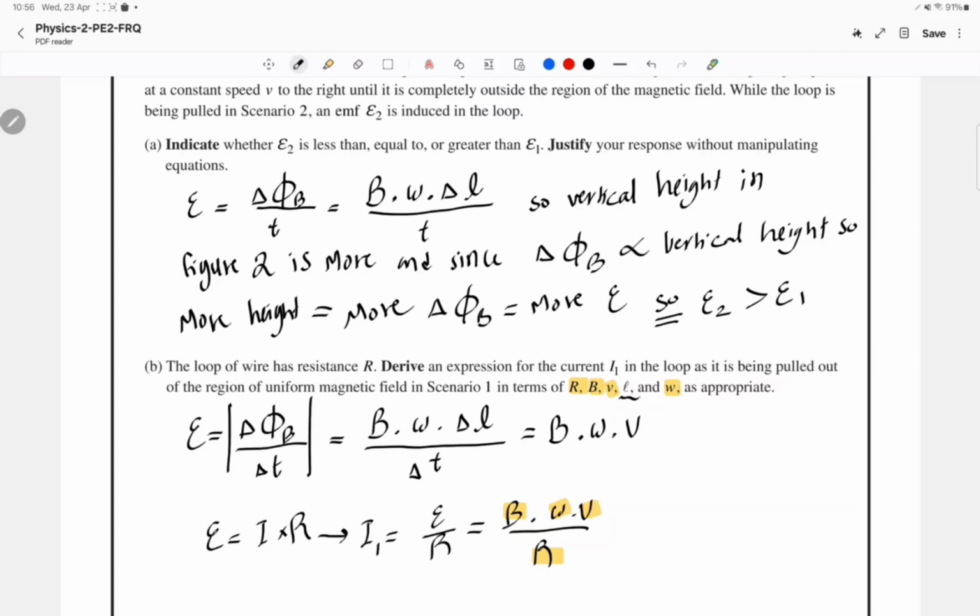Only L we did not because the V took care of that. So they might say make it in terms of all of these. It doesn't matter. It doesn't mean you should put all of them, but most of them will go in there probably.